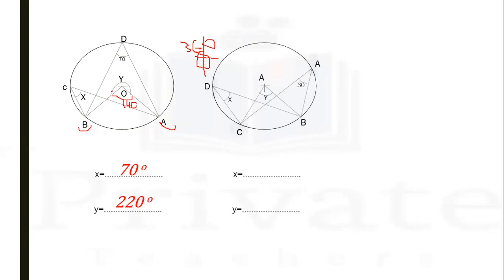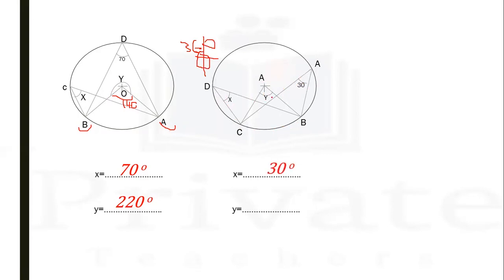Now look at the other question here. Also, we don't have a tangent, we don't have a cyclic quadrilateral, just angles. The angle 30 is made on the arc BC. The angle X is made on the arc BC, and both of them are circumferential angles. Therefore, X is equal to 30.